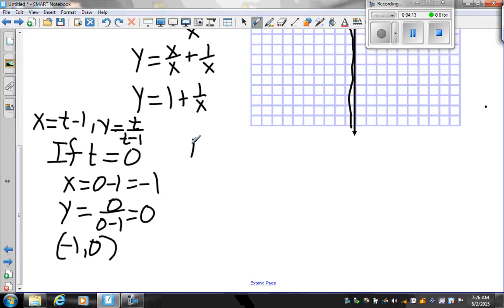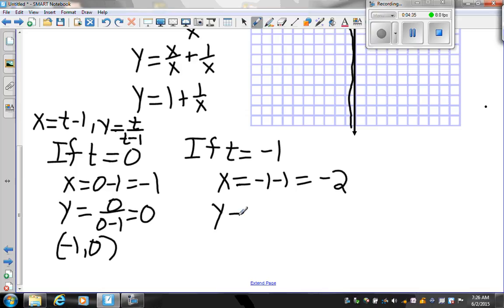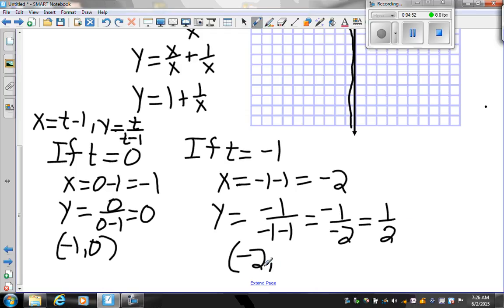If t is equal to negative 1, then x is equal to negative 1 minus 1, which is negative 2. y is equal to negative 1 divided by negative 1 minus 1, which is negative 1 over negative 2, positive 1 half. So again, we get a second point, negative 2 and positive 1 half.